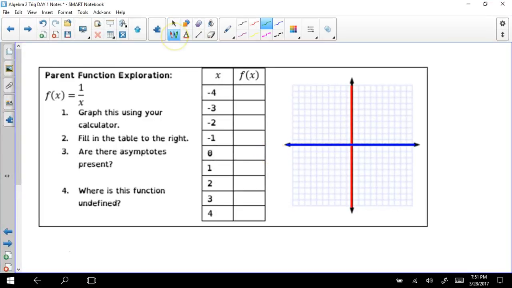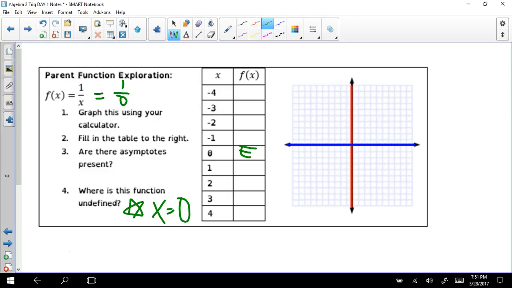Going to this first question right here where it asks where is this undefined. When we got this error here, that's going to be undefined at x equals 0 because that would be 1 over 0, and you can't divide that. You can't divide 1 by 0. That's undefined. Okay. Are there asymptotes present? Well, heck yeah.